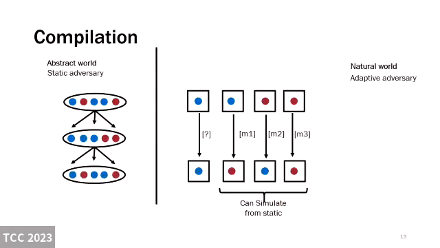Because we can imagine over in the abstract world on your left here, we have this static adversary and we can simulate that protocol. And that means that once we think of the natural adaptive world, once we've mapped over to concrete machines, then we're easily able to simulate communication going from honest parties to corrupt parties and from corrupt to honest.